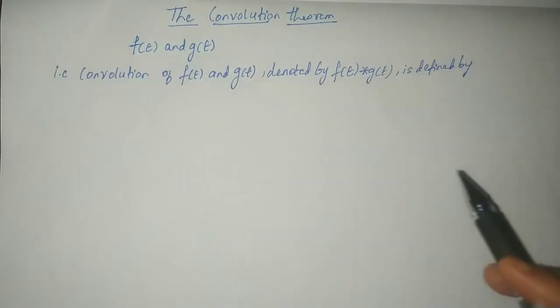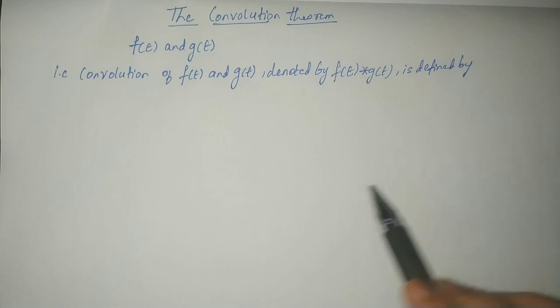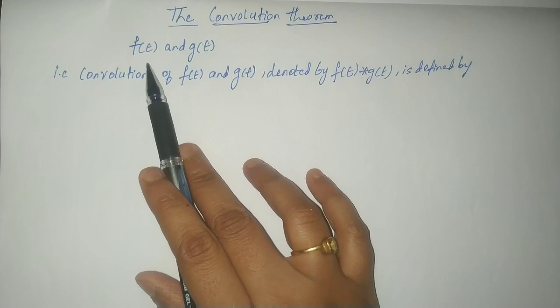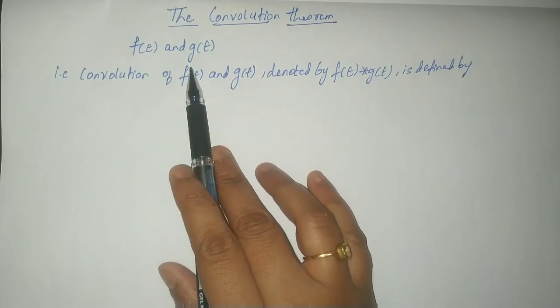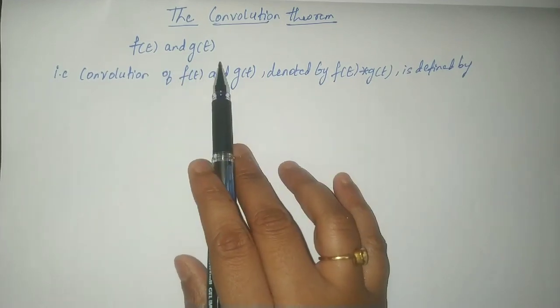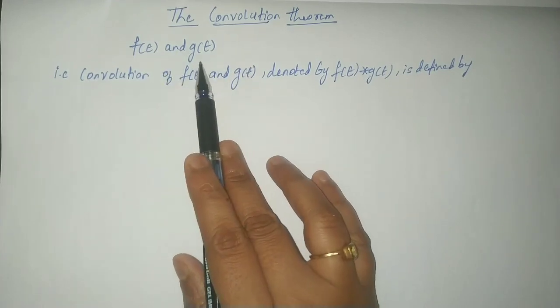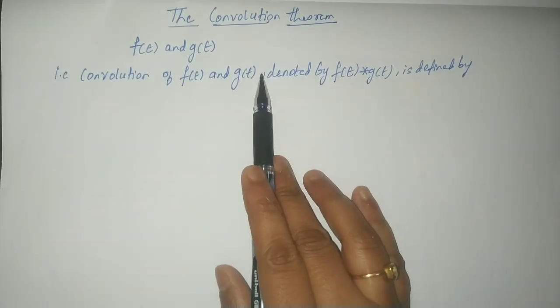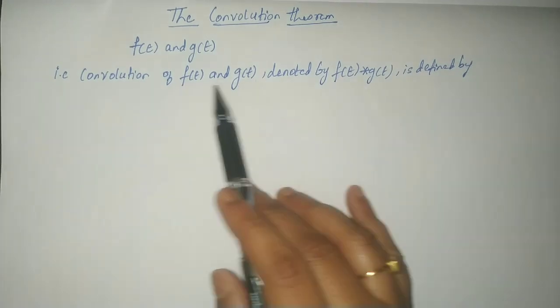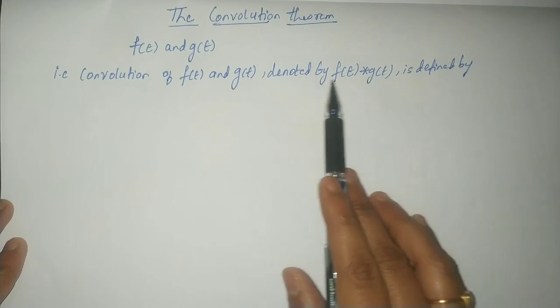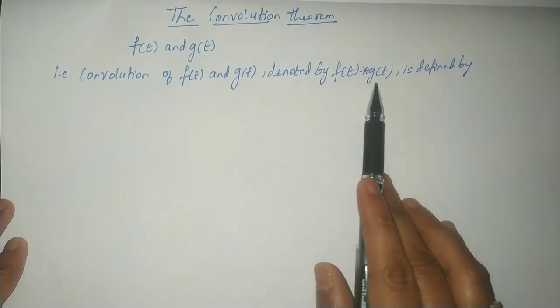So let's study the standard definition of convolution theorem. As I told you, convolution is nothing but taking the product of given two functions and obtaining the result in terms of another form. Transforming the product of one function to transformation of another function. So the convolution of f of t and g of t is denoted by f of t star g of t.